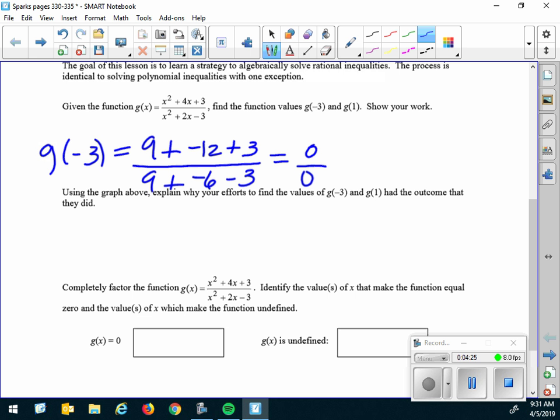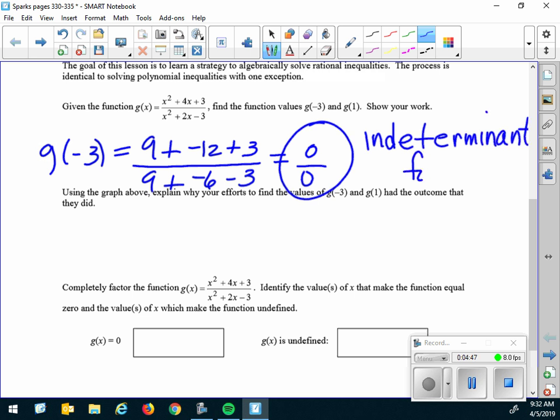What's that? It is definitely undefined. Why is it a hole and not a vertical asymptote? When you get 0 over 0, in calculus, we call that an indeterminate form. You don't need to know the word right now.